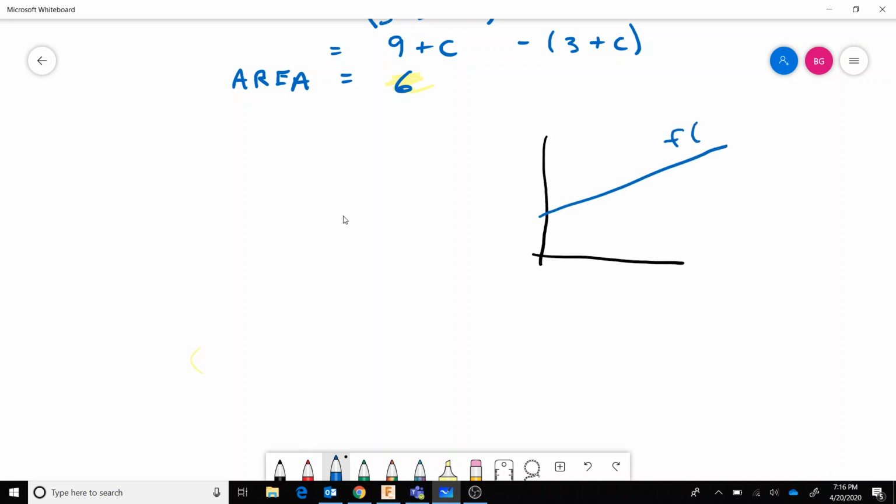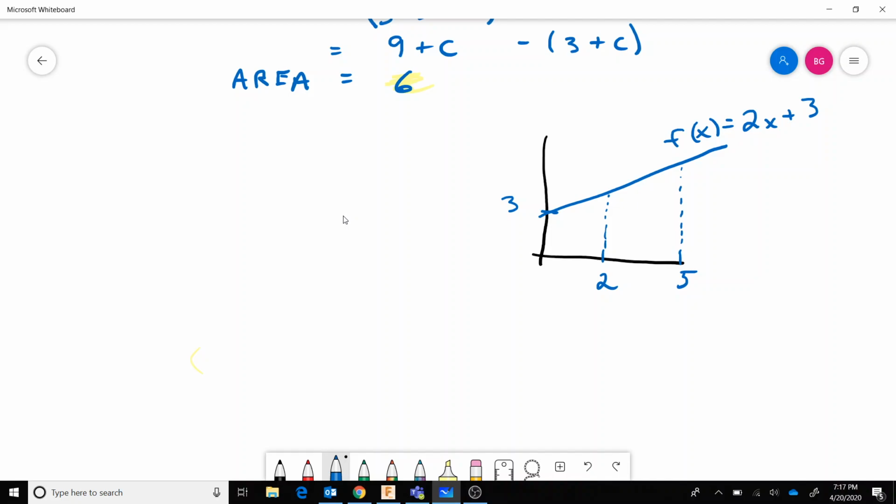So f of x equals 2x plus 3. Okay, and let's say I'm interested in the area between x equals 2 here and x equals 5. So I'm actually trying to find this area right here.